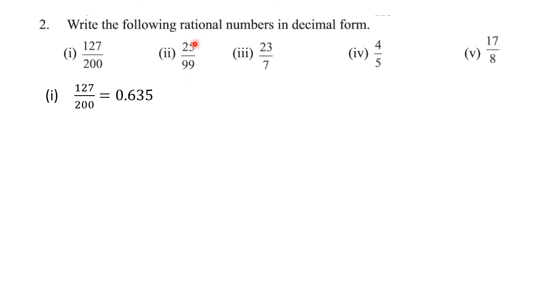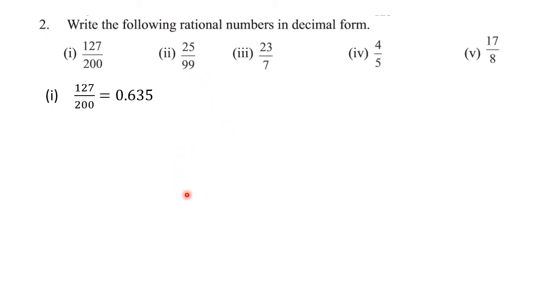Next one, 25 divided by 99. So here also you have to go for actual division. Make a sign of division. Write down 25 inside and 99 outside here. 99 is the divisor here. Okay, don't write it reverse, 99 inside and 25 outside, because generally you think that the bigger number appears inside. But it is a different case.